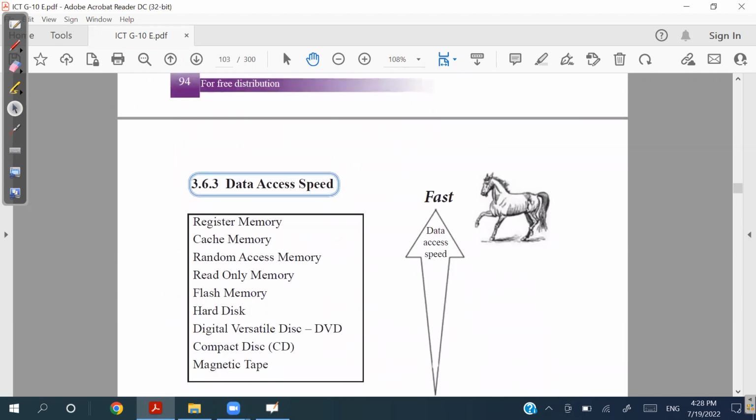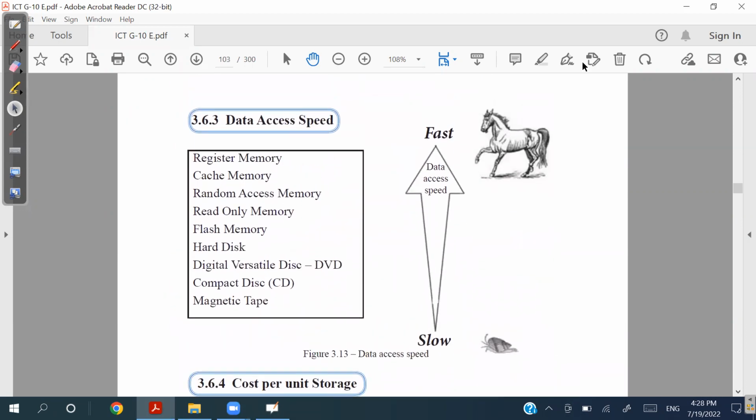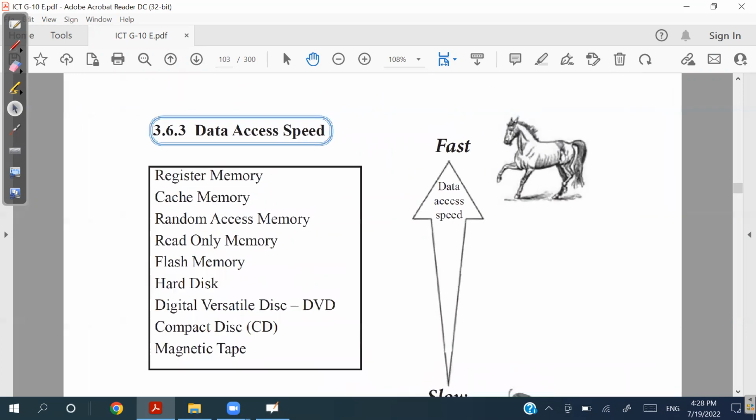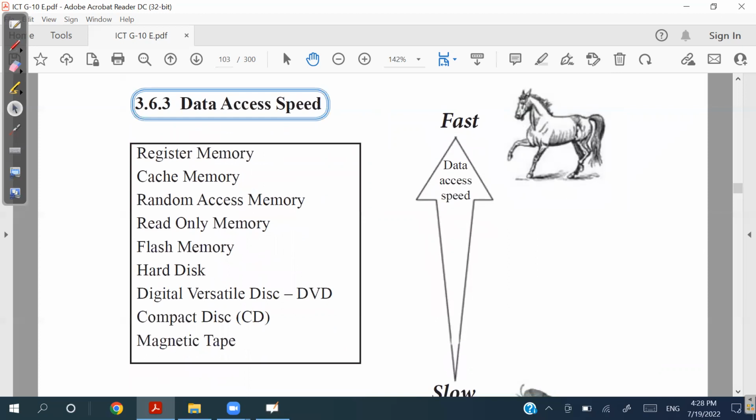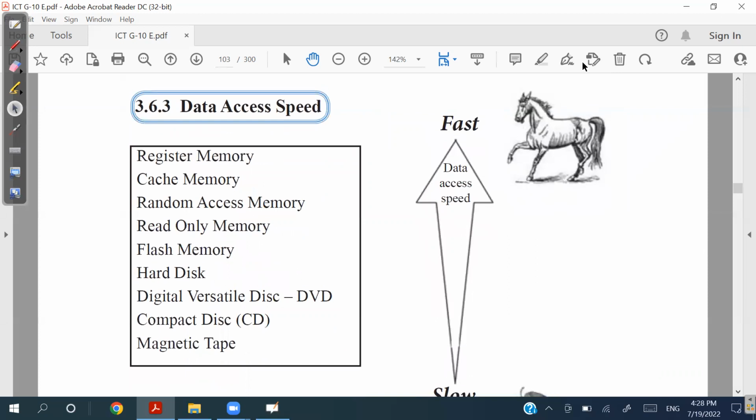Then they are comparing the access speed. Access speed means how fast these particular memories can be accessed. Since register memory is inside the CPU, it has the highest access speed. It can be accessed in a very speedy manner.